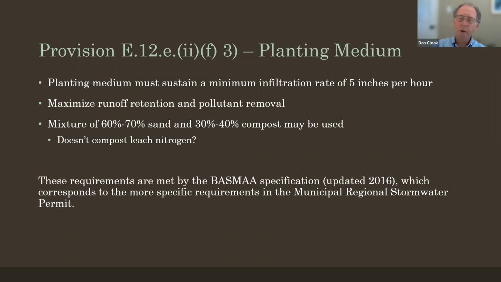And then there's the question about whether it might be possible to control the amount of nitrogen leached by controlling the C to N ratio in the compost itself, which is one of the factors that is actually in the BASMA specification. So that's what we know about that.